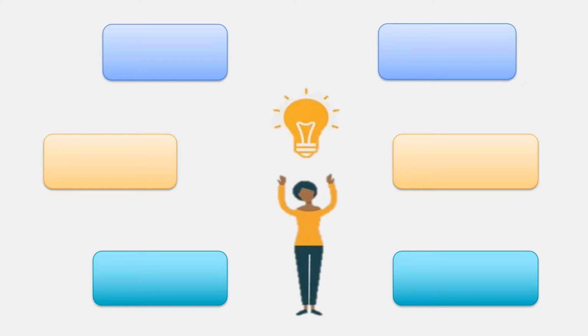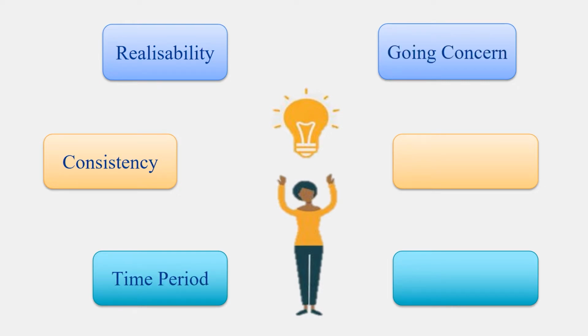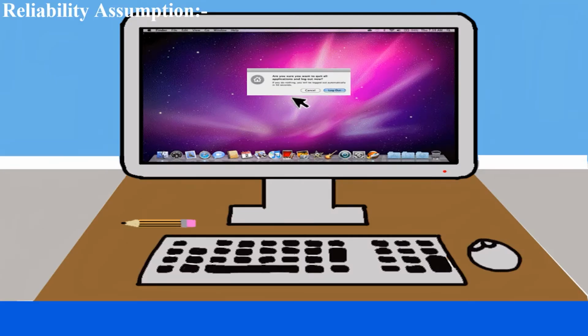They are the reliability assumption, the consistency assumption, the time period assumption, the going concern assumption, the economic entity assumption, and the money measurement. Let's talk about the reliability assumption.